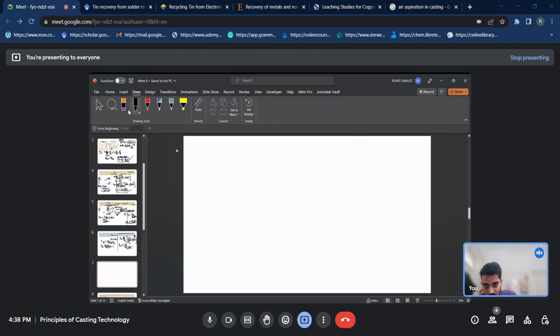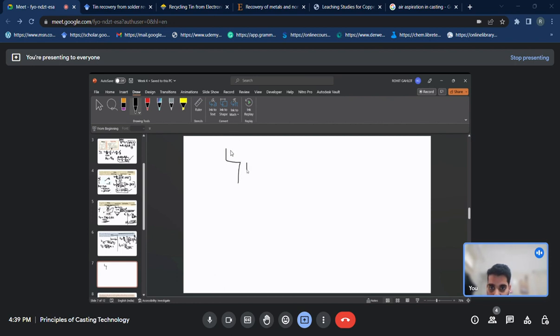So what happens in the air aspiration effect is that the gases will be re-entering your system from the molten melt stream, if it is not taken care of.